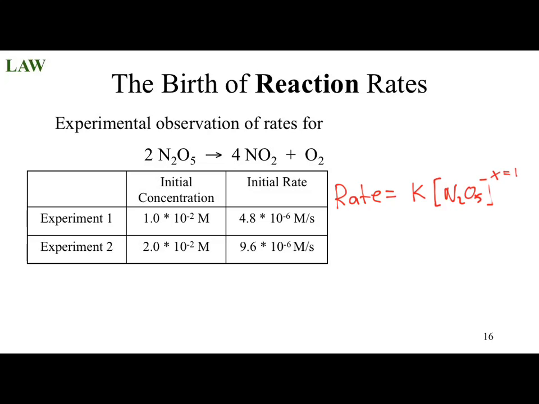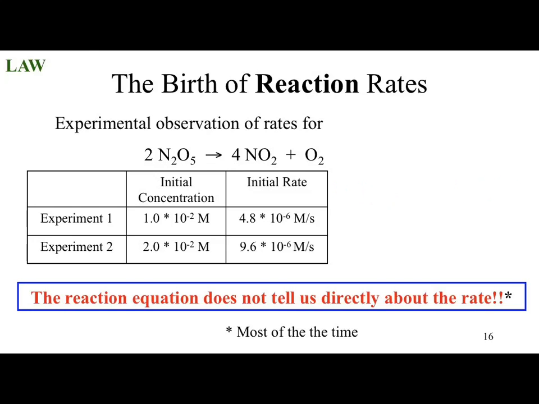Shoot, I set up the order wrong on this. One of the things that's interesting about this, which is what that next slide shows, is that our rate expression does not necessarily fall directly from our reaction equation. Our overall rate ended up being, in this case, rate equals k times the concentration to the first power.